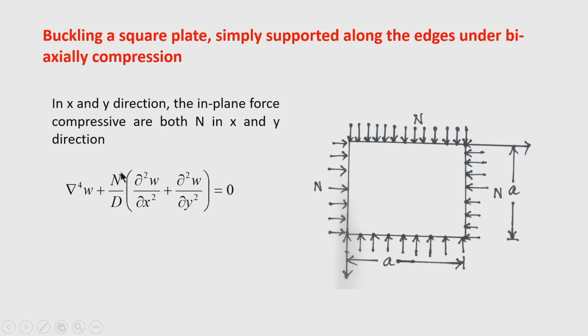I have taken N common from both the curvature terms, del square W by del x square and del square W by del y square. Here D is the flexural rigidity of the plate and N is the axial compression, equal in both directions. Okay. Let us solve this problem by finite difference form.